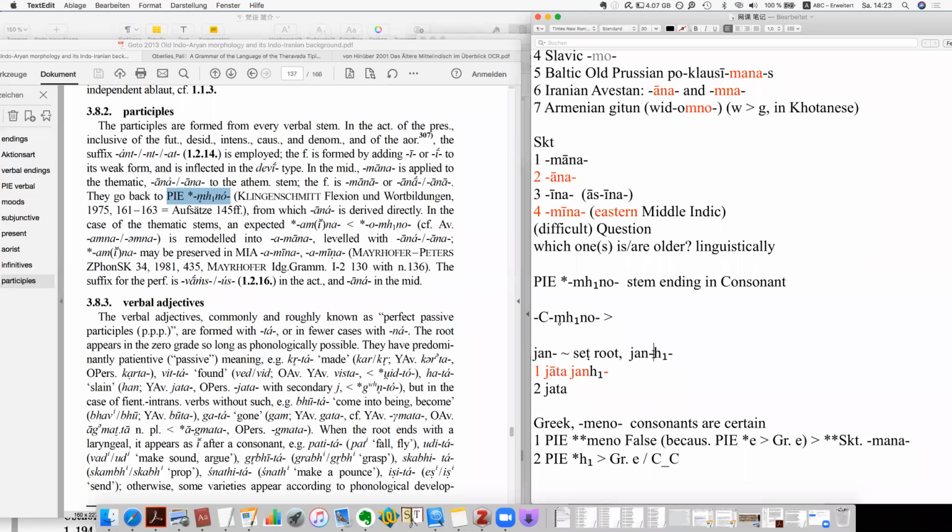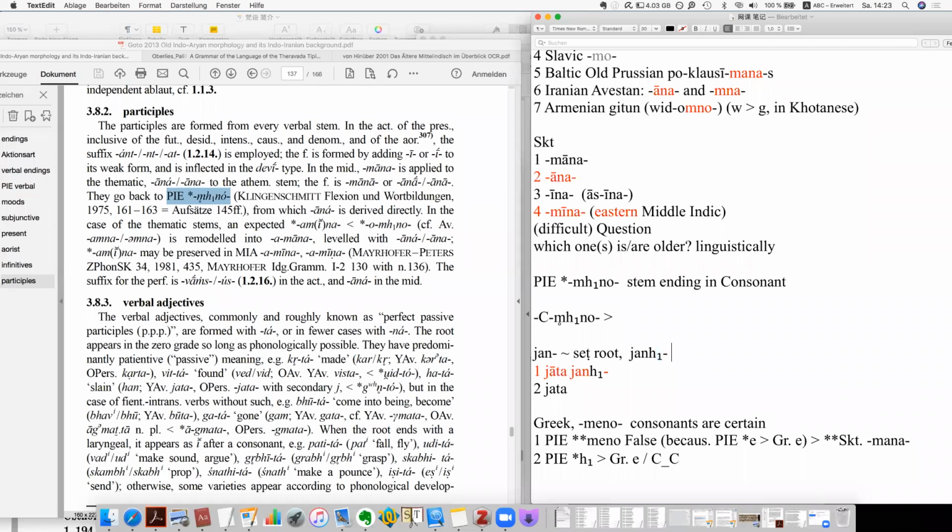And for this root, the original form should be jenh₁. I mean, the form is a little bit anachronistic. I write it like this, but this is not the real precise way to write it. But I write this to show you that there's a laryngeal after this.